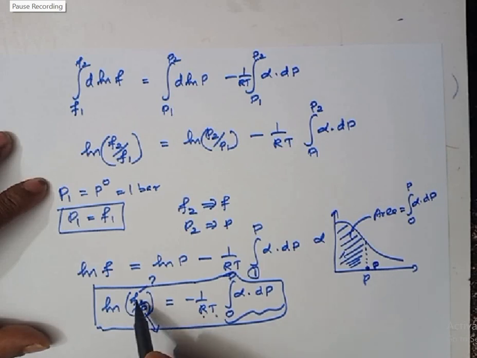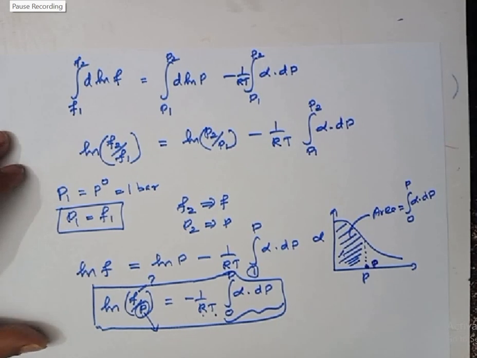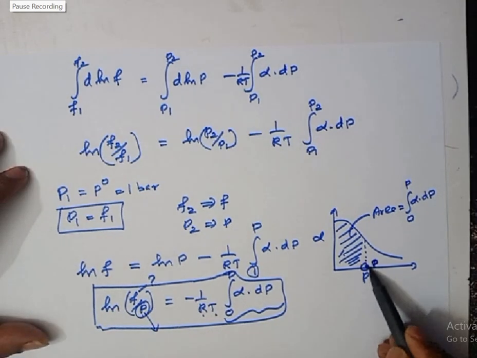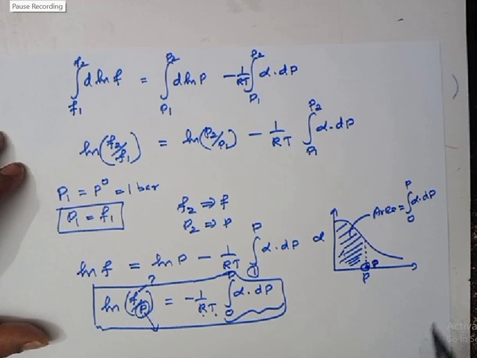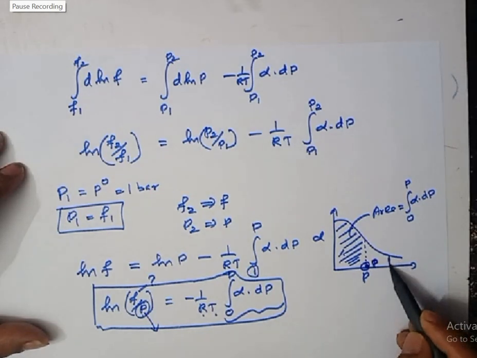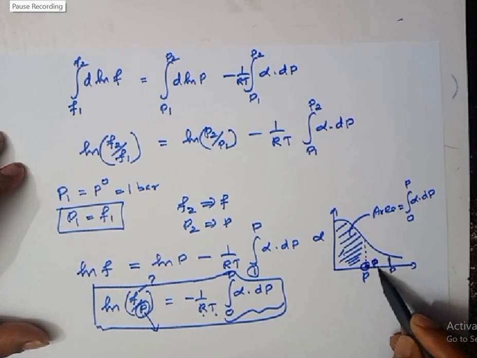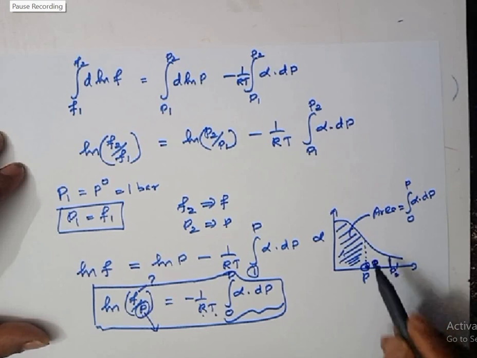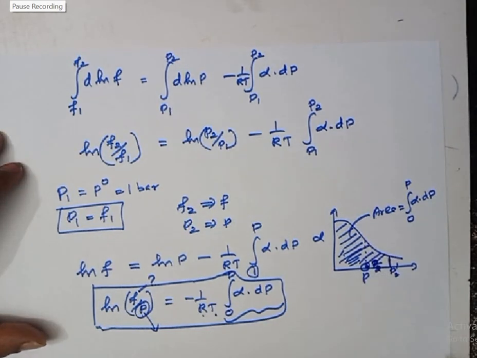So the fugacity at this pressure we can find out, correct? Suppose we want the fugacity at this pressure. Take this as P1, and this other pressure as P2, or P2 prime. If you want P2 prime, find the total area.